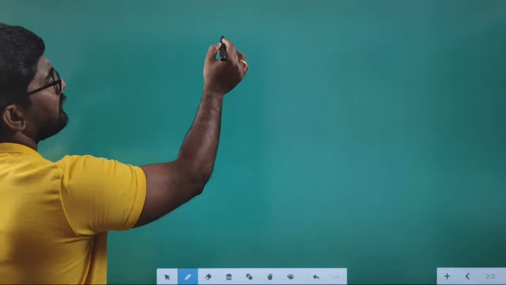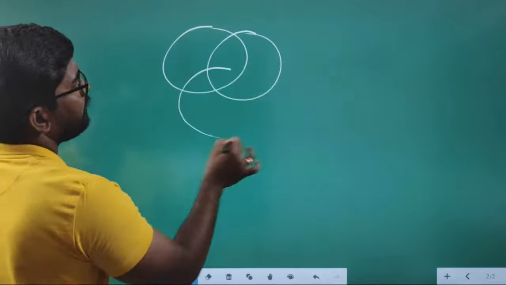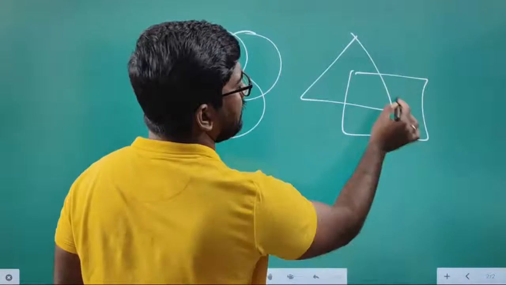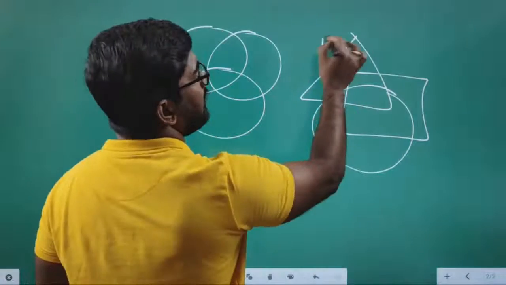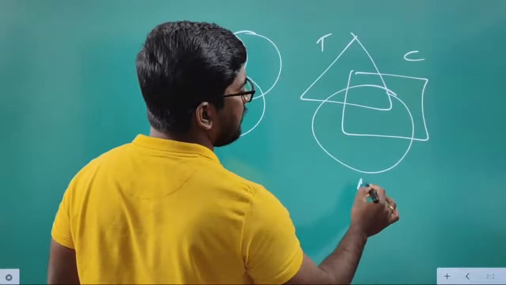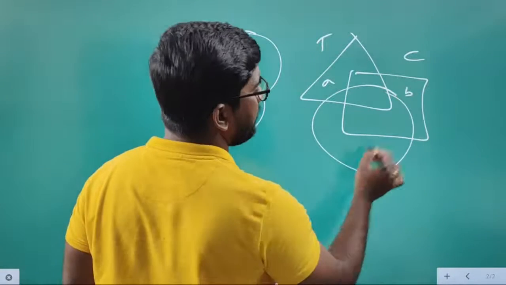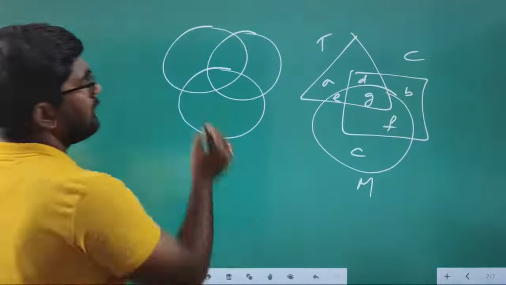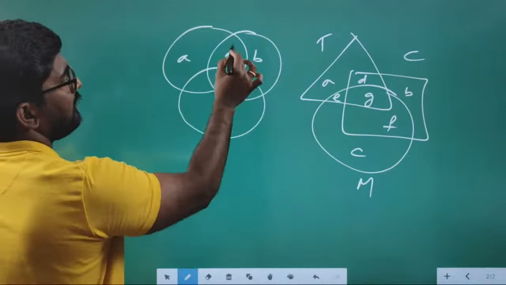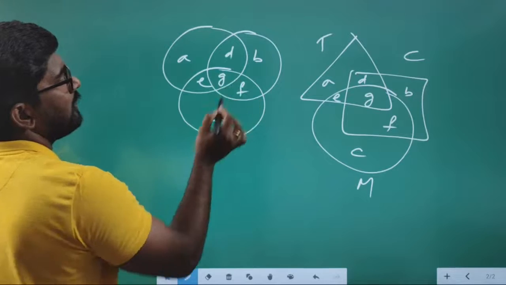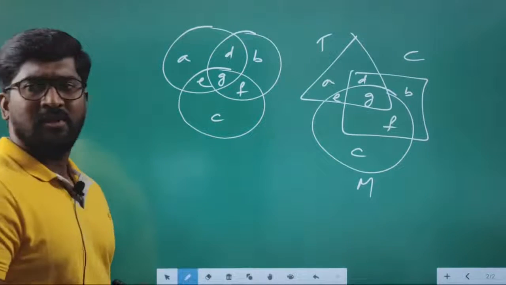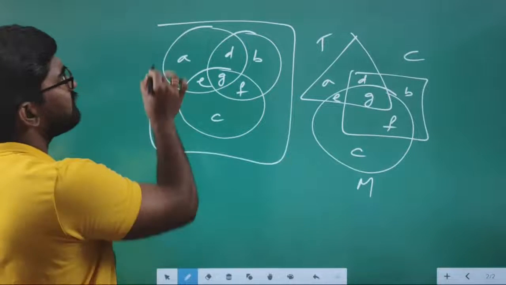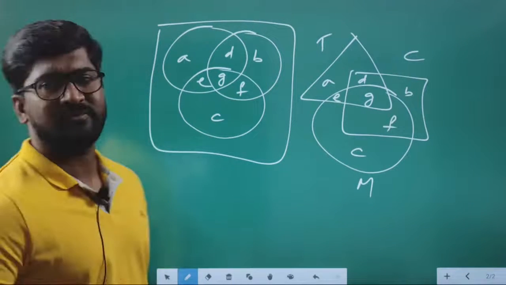Let's say the same 3 variable Venn diagram can also be written like this: triangle, square, circle, tea, coffee, milk, something like that. Small a, small b, small c, d, E, F, G. Here also A, B, C, D, E, F, G. Though both Venn diagrams are similar, most of us are comfortable only with this type of Venn diagram because from childhood onwards we have been following this.